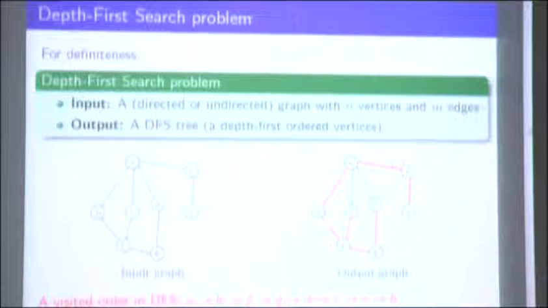What is the depth-first search problem? The input is a directed or undirected graph with n vertices and m edges. The output is a DFS tree.